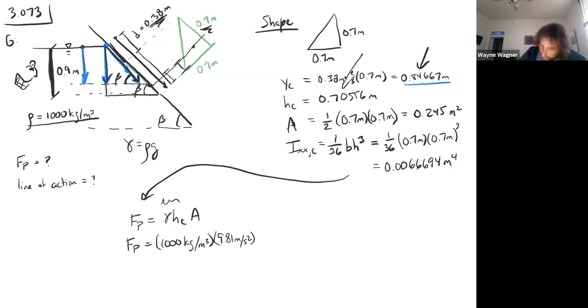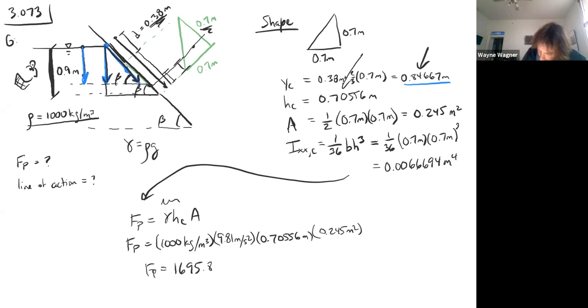And then HC, we're just going to start plugging in, 0.70556 meters times the area, which is 0.245 meters squared. That's just a calculator away: 1000 times 9.81 times 0.70556 times 0.245. And we end up with 1695.8.